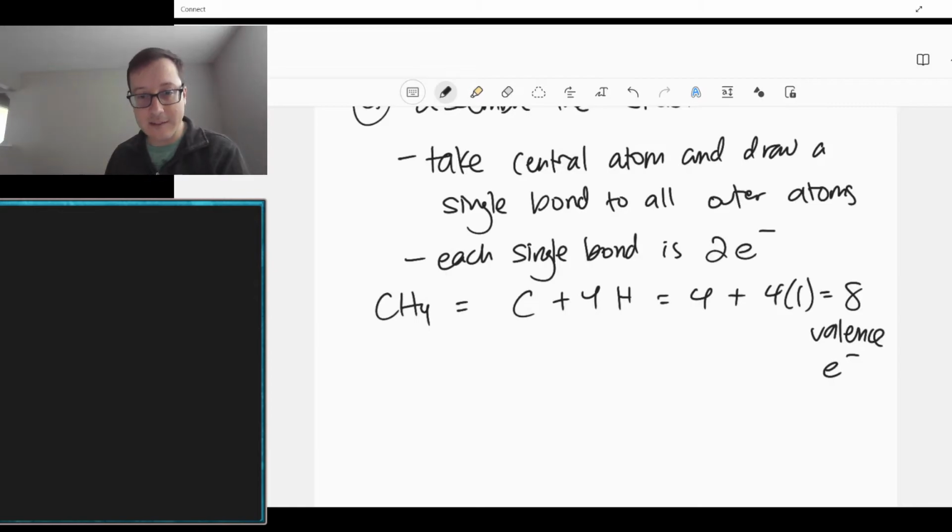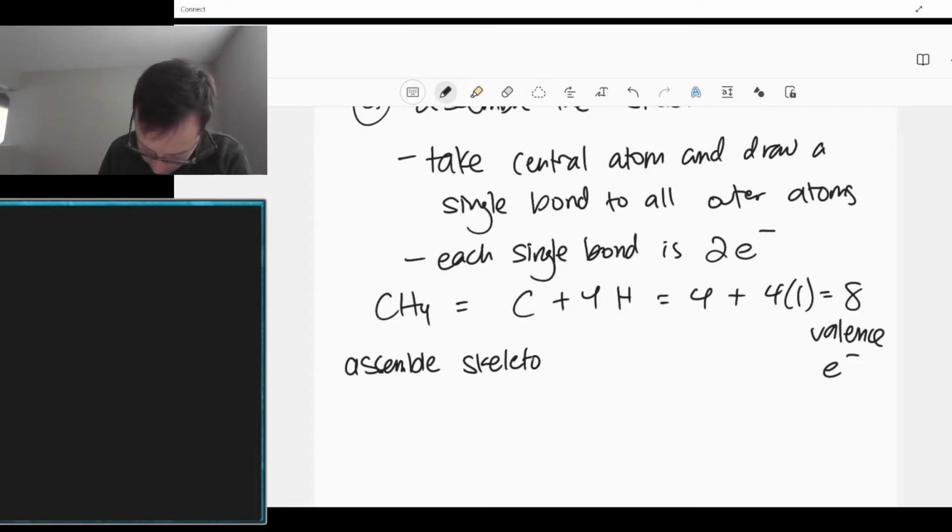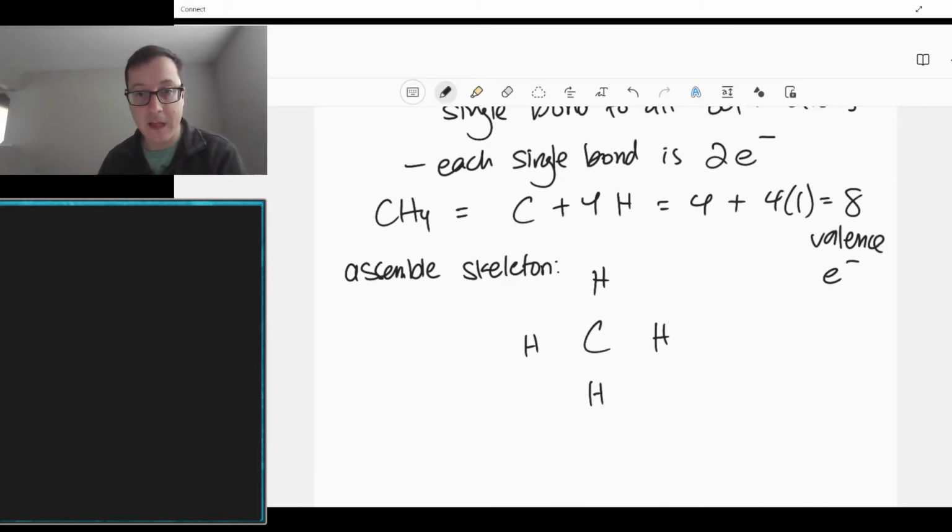And so if we're to assemble the skeleton, we're going to draw our central atom. Usually your first atom is the central one, generally speaking, but we'll look at that in a sec.